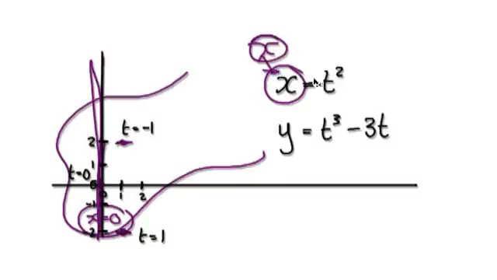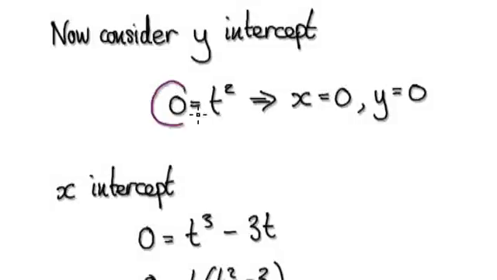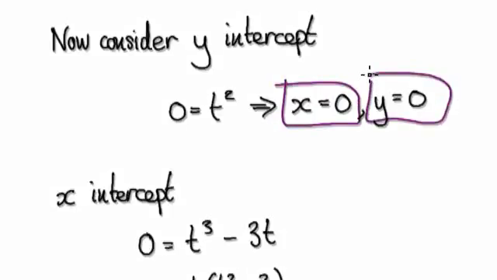So we've got this thing here. The y-intercept will exist when time equals the square root of 0 here, which is 0. So now we know the intercept. We know the y-intercept exists at x equals 0 and y equals 0.